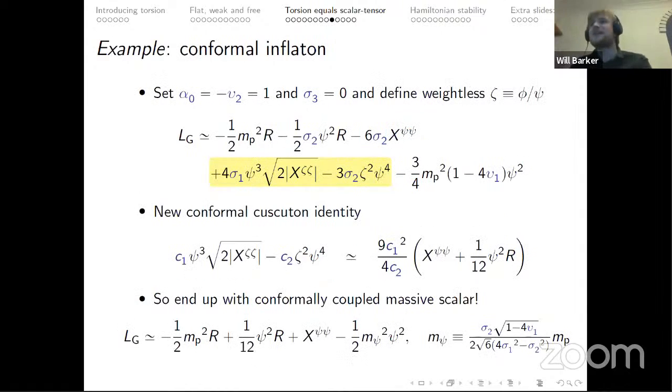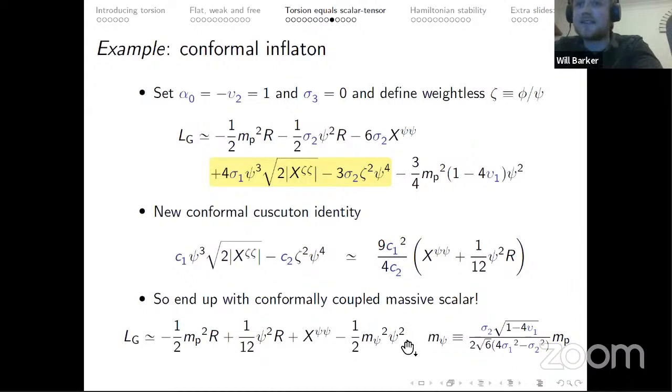You can also do this the other way. So you can ask, well, what kind of torsion theory would I have to construct that would give me a scalar tensor theory that I'm interested in? So these are some fairly natural parameter constraints that you can impose on the quadratic torsion theory. And these are actually designed to give you the cosmological background of a conformal inflaton scalar tensor theory.